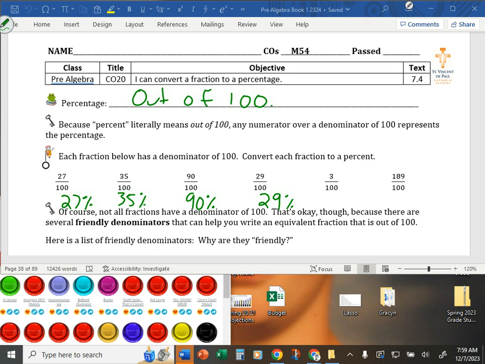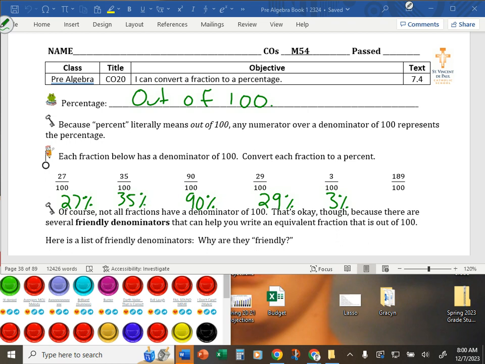Oh, percent. I'm lost. So following the plot here, when we have that denominator of 100, since a percentage literally means out of 100, if we have 3 out of 100, that's going to be 3%. When the denominator of a fraction is 100, whatever that numerator is, that's your percentage.